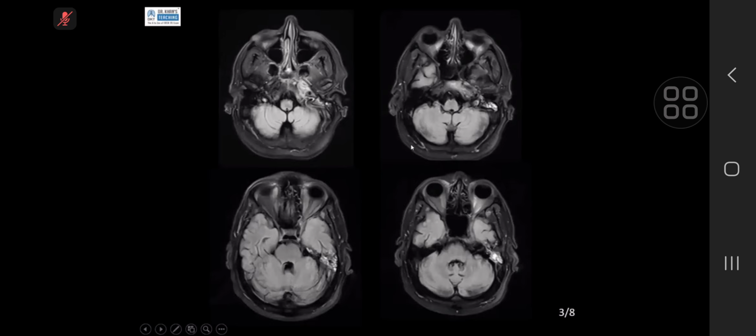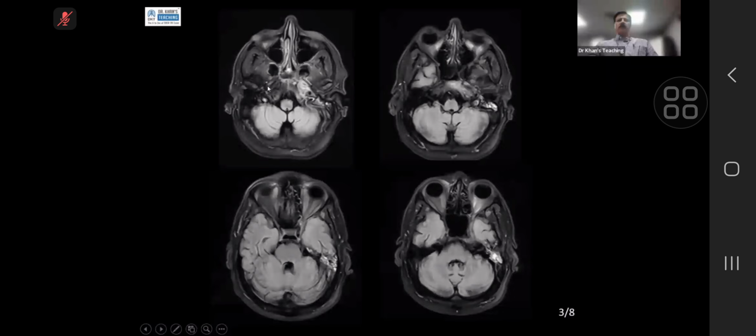What are your comments on this FLAIR sequence? I know that the abducens nerve supplies the lateral rectus muscle. Can you describe your findings on the FLAIR?